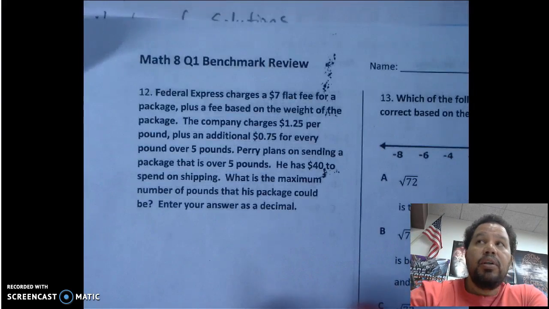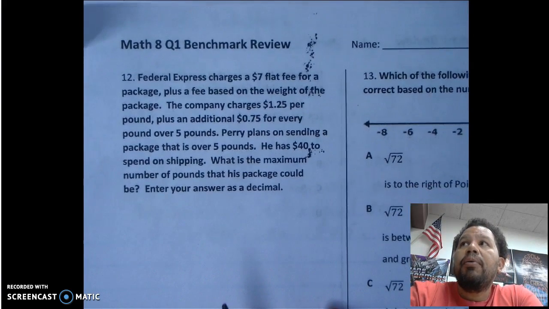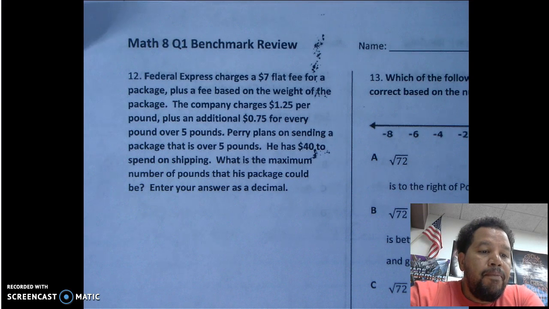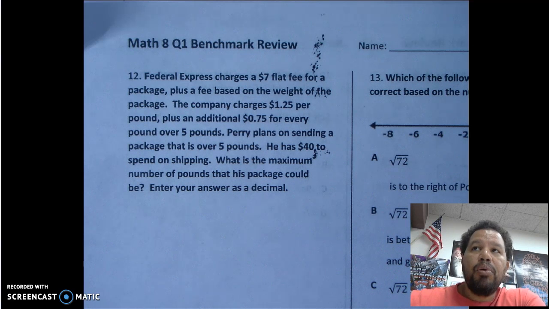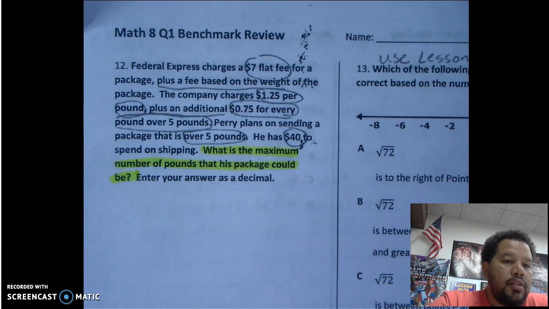Okay, next we have number 12. Here I want you to take the time to read that and circle, underline, and highlight anything that's important. Okay, so I took time out to read through it, and I circled all the things that are numbers, underlined what those numbers stand for, and I highlighted the actual question that they want us to answer. What is the maximum number of pounds that his package could be?